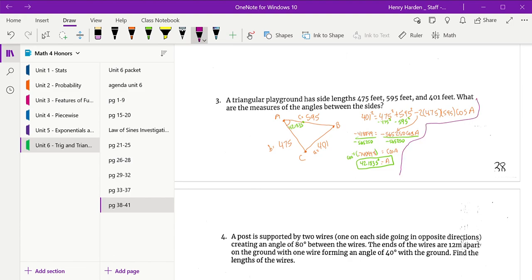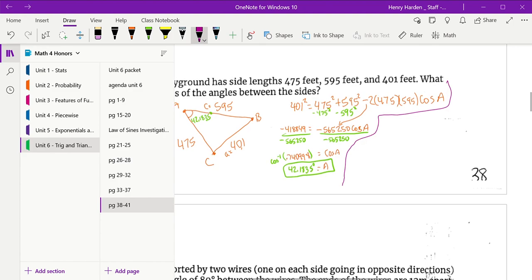You kind of got the process down, guys, so you should probably do this on a separate sheet maybe. But let's see, we do angle B now. So it's going to be 475 squared equals 401 squared plus 595 squared minus 2 times 401 times 595 cosine of B.